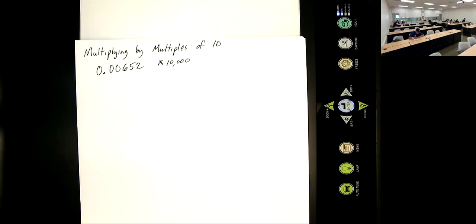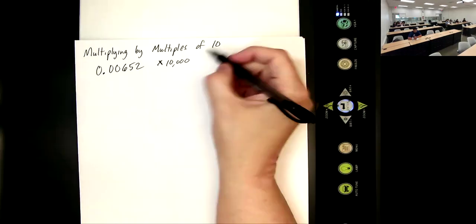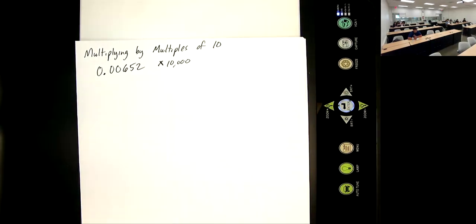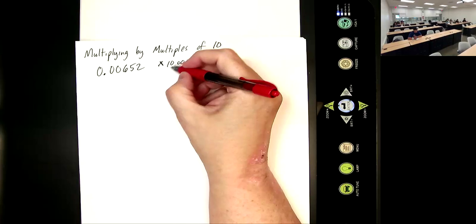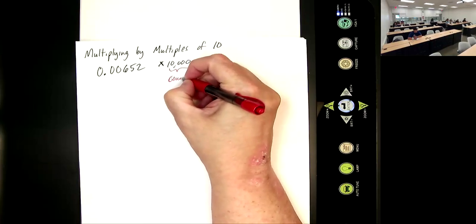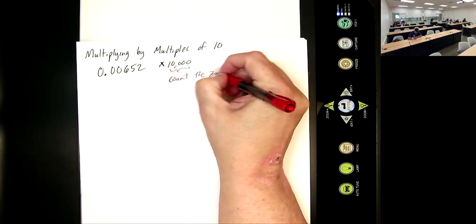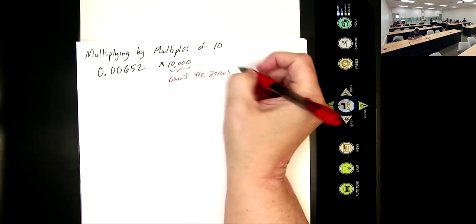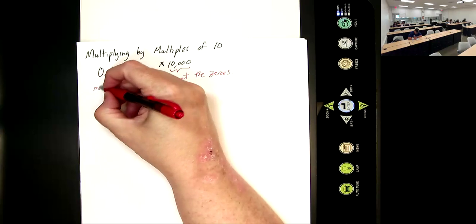All right, this is not a calculator problem. You should be able to do this in your head, and it's really easy. The same way we counted decimal places before, we'll count the zeros here. Count the zeros, and move right that many times.